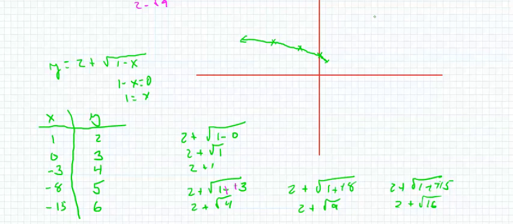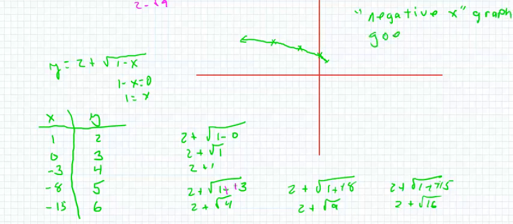So at negative x, the graph goes left instead of right. But everything's the same. Over 1, up 1. Over 4, up 2.